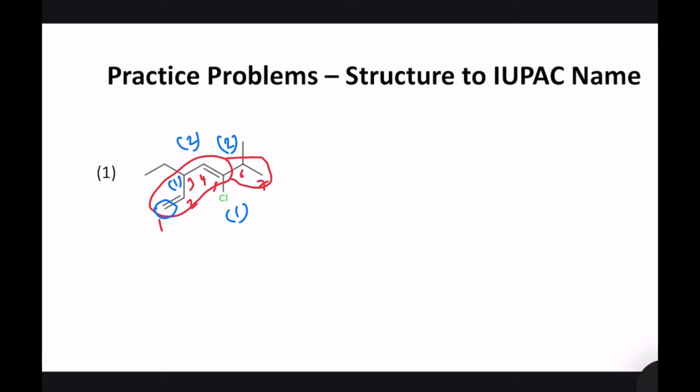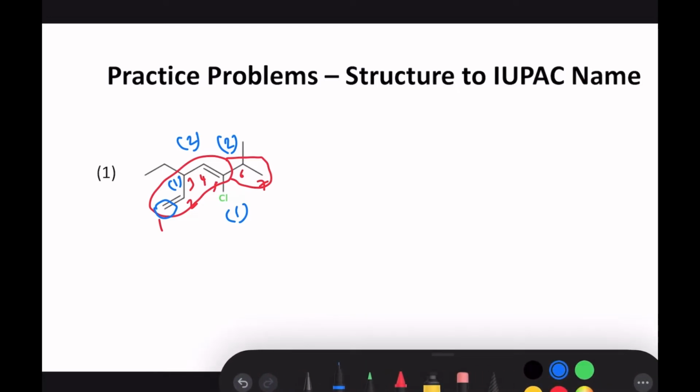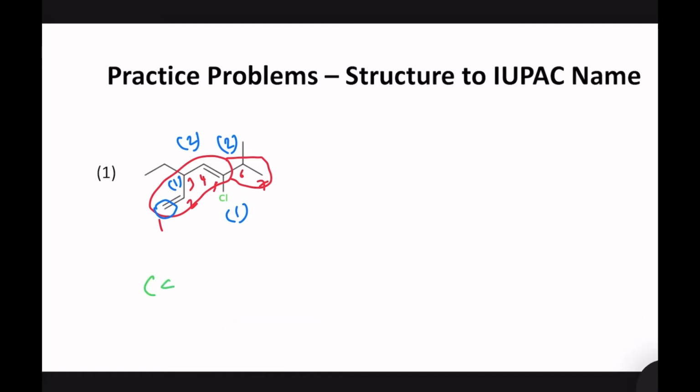Now, let us mention that in parentheses first. Therefore, the IUPAC name for this molecule is going to be 4Z, then the substituents in alphabetical order: chloro, ethyl, methyl. Chlorine comes first, then ethyl and methyl.